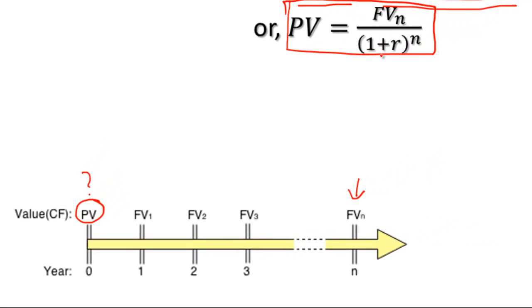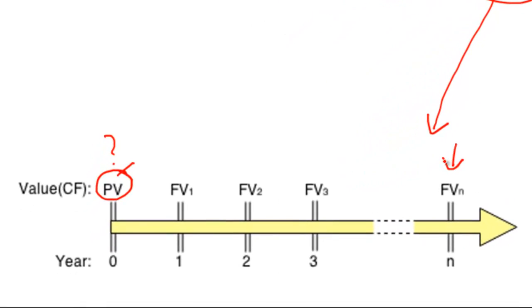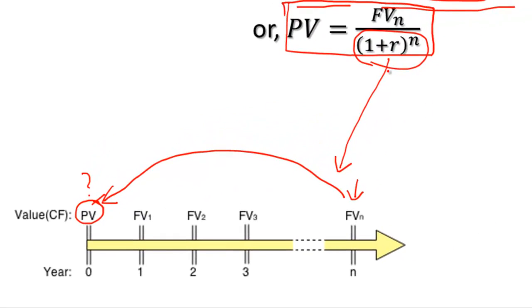According to this formula, we divide the future value after N years by 1 plus R to the power N to find the present value. You can see that the amount will be less. The future value will be reduced to a certain amount to get the present value, and it is done by dividing the future value by 1 plus R to the power N.